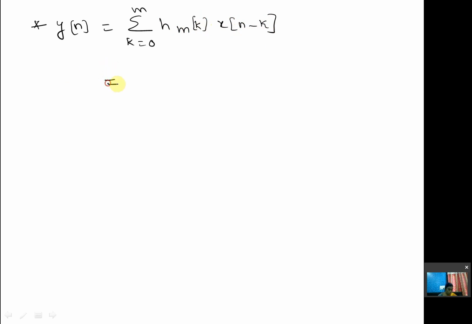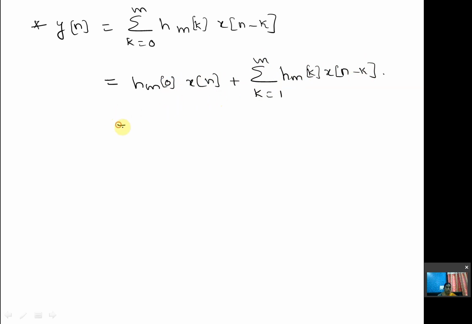I am expanding this one, that means just taking the 0th term separately: hm of 0 into x of n plus summation k=1 to m hm of k x of n minus k.